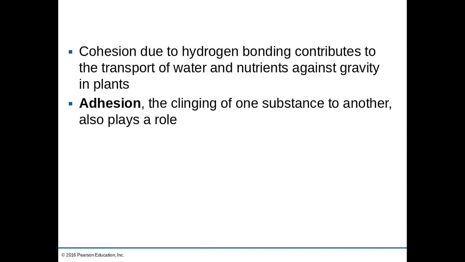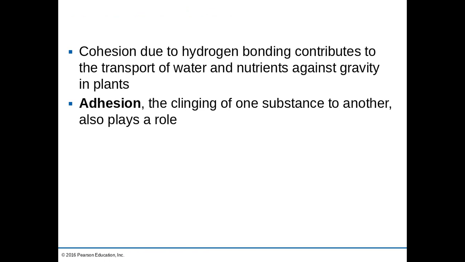This translates into a lot of properties of water, especially related to transport, because when water is trying to move upwards against gravity, like in plants, traveling up the roots and up the stem, the molecules are attracted to each other, and so the water can build up. They can also be attracted, because of those partial charges, to the sides of a substance, called adhesion.